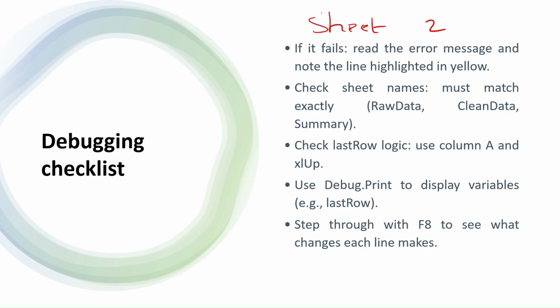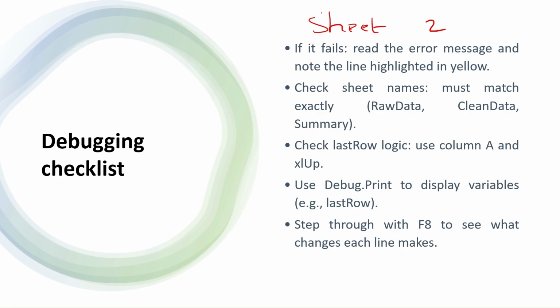To do that, you need to click inside your macro, inside the Sub, and press F8. You will see a yellow highlight showing the next line that is to be run. Each time you press F8 again, VBA runs that line and moves the yellow highlight to the next line.